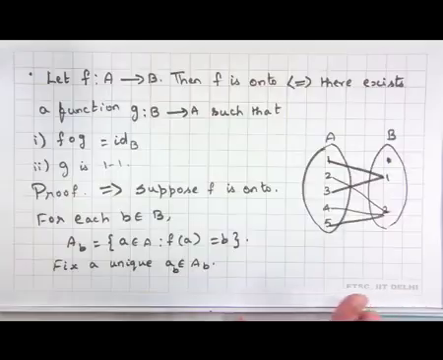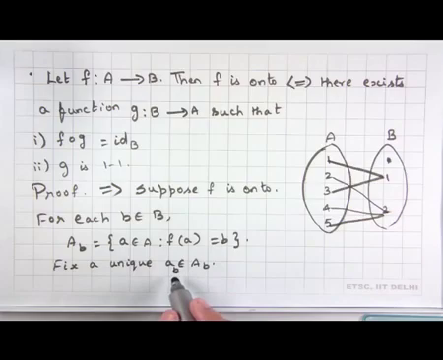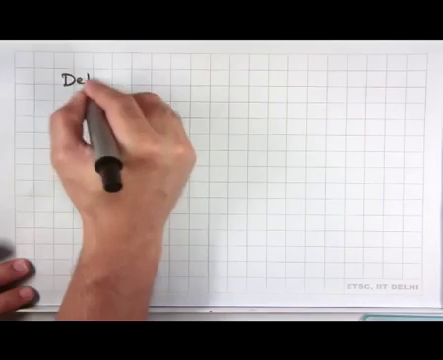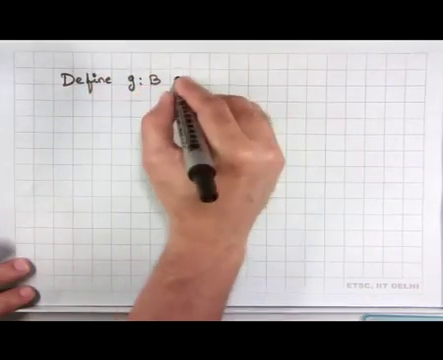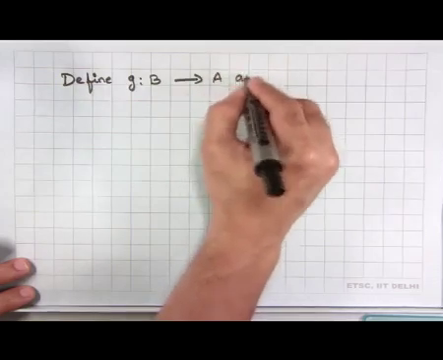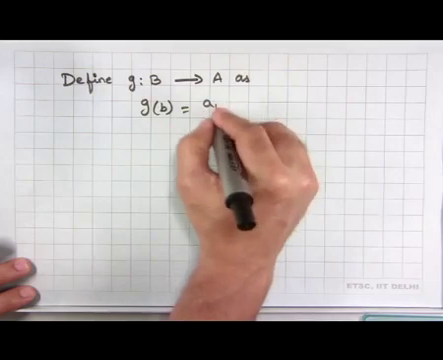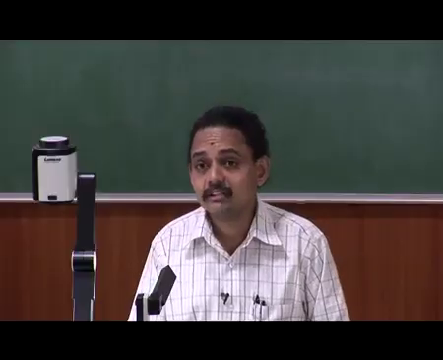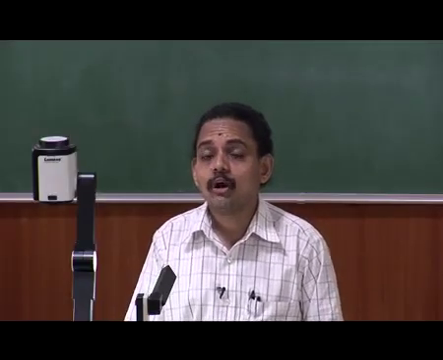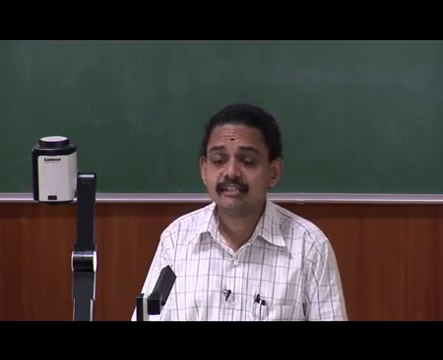Which means for each b in the codomain, I have chosen an element a from the set A. Now, it is clear how to define g from B to A as g of b equal to a_b. Such a choice always exists because f is onto. What we will have to do is pick one element from each of these sets A_b.